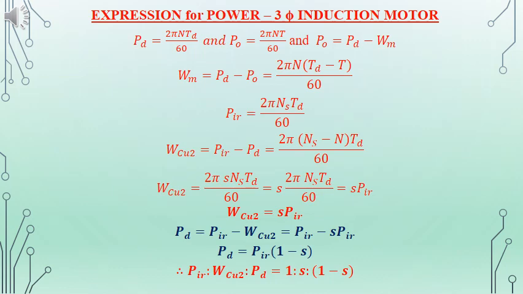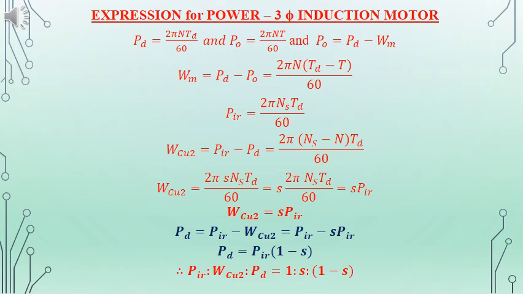From the previous slide, we have the air gap power PIR or PG equal to 2 pi ns TD divided by 60. The rotor side copper loss can be written as air gap power minus PD, that is PIR minus PD.